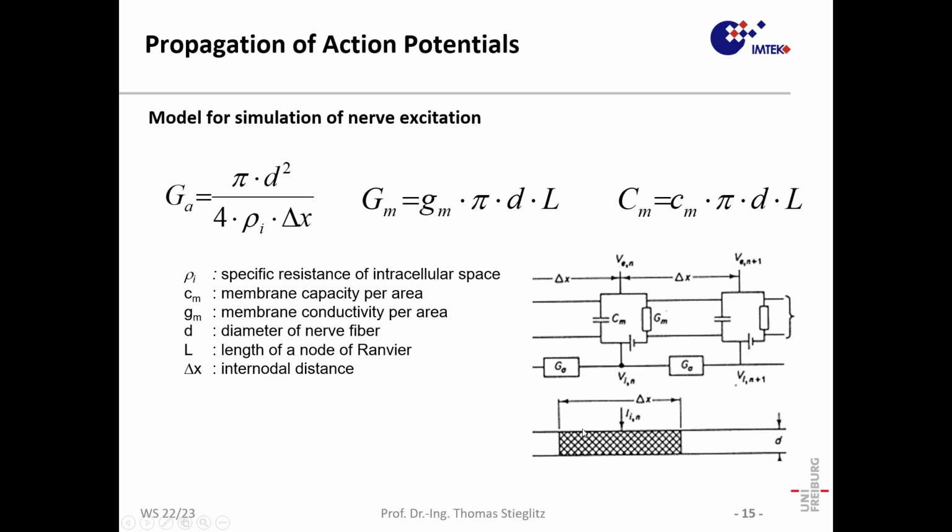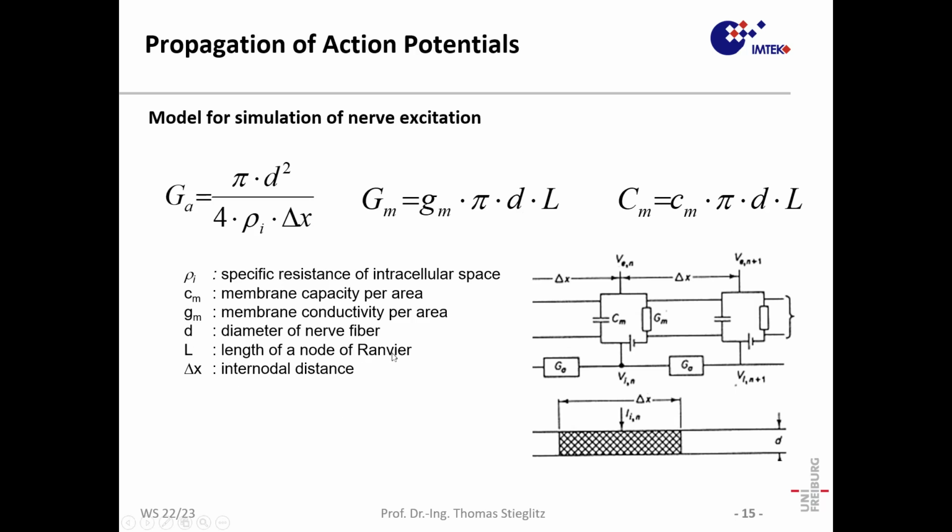That means it's the surface of that dashed area here. We have again a cylinder, so the surface is 2 times pi times R or pi times D. That's here. And then we have the length.